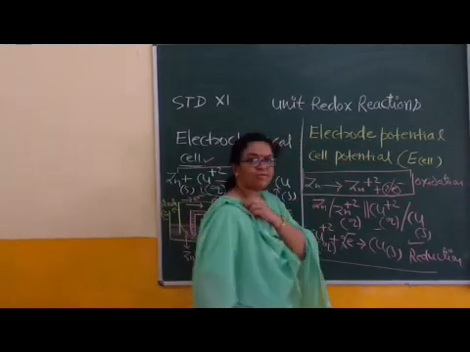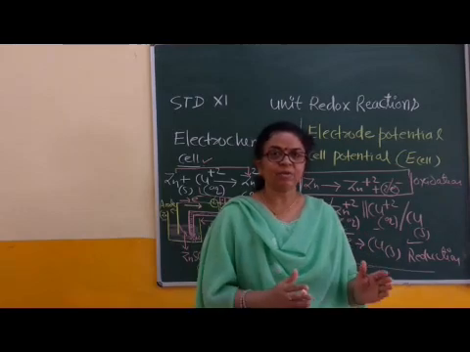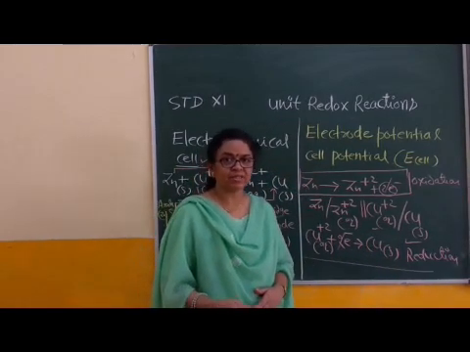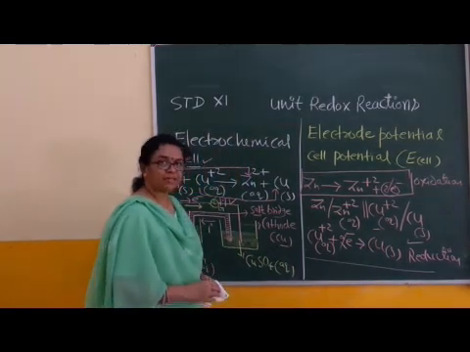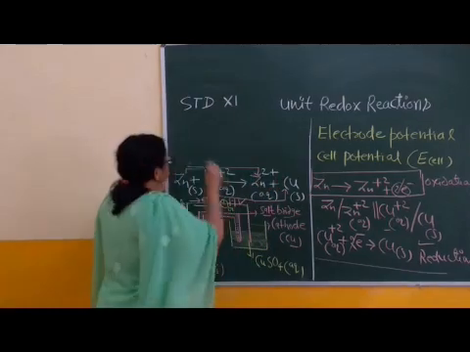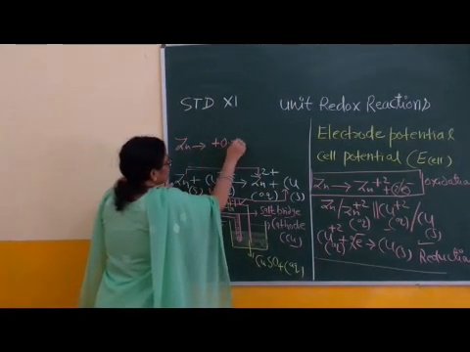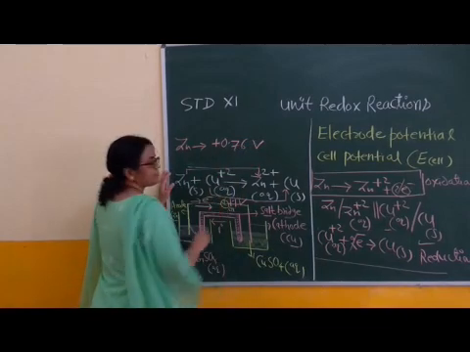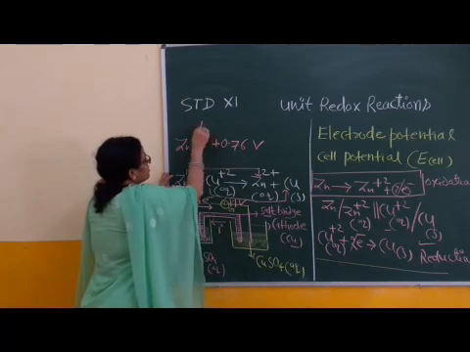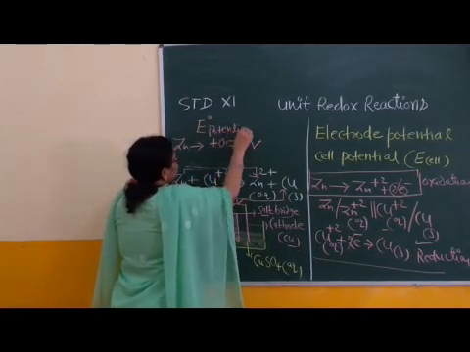The electrode potential of the zinc electrode under standard conditions, at 1 atmosphere pressure and 298 Kelvin temperature, is plus 0.76 volt. Right? Which is the standard electrode potential.